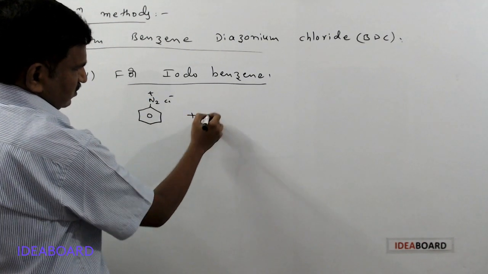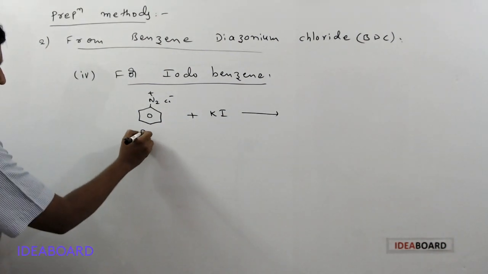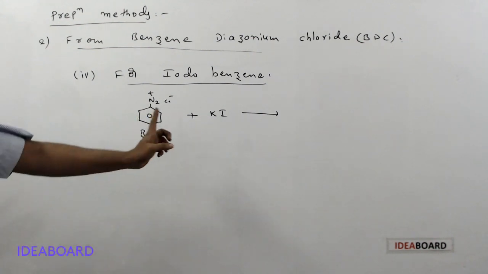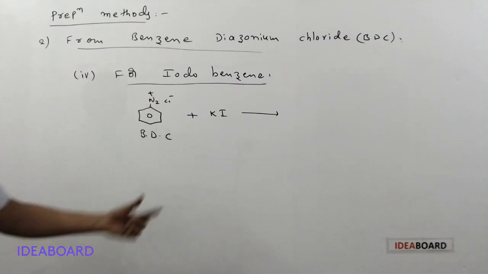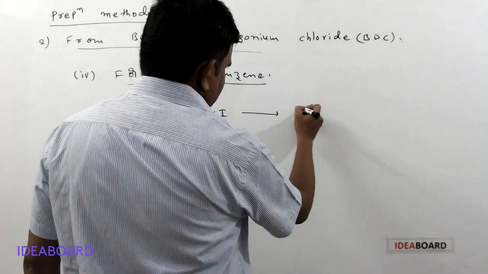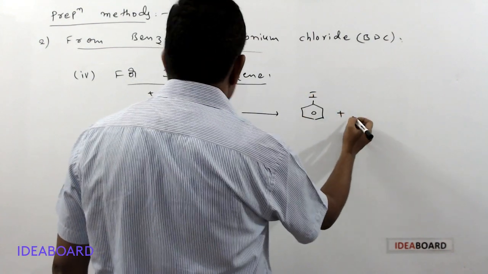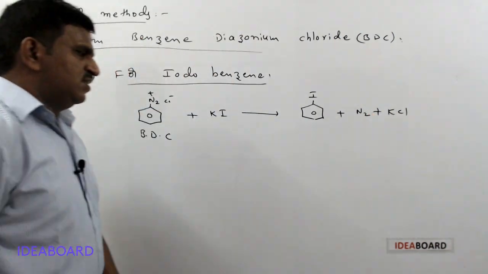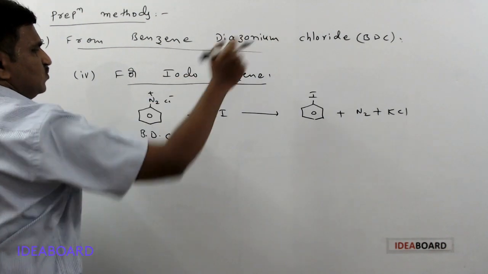This iodobenzene is prepared by treating the benzene diazonium chloride with iodine. Directly we can't take iodine, so here we are taking KI, the potassium iodide, and then it forms iodobenzene, plus N2 plus KCl. That is the preparation method of iodobenzene using benzene diazonium chloride.